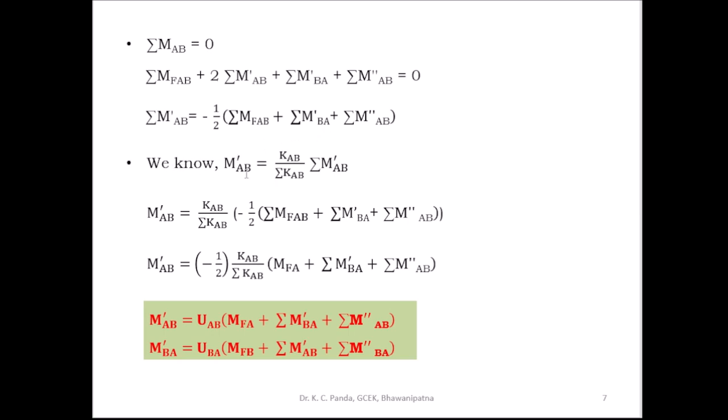But we know M dash AB is equal to KB by summation of KB into summation of M dash AB. You have to put this expression of summation of M dash AB in this equation.